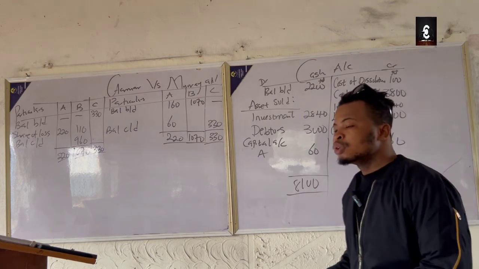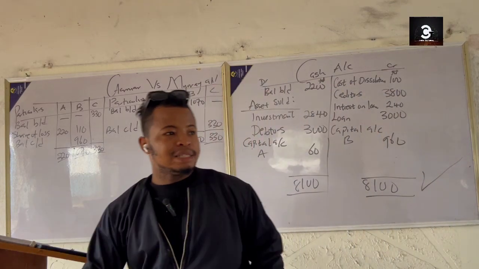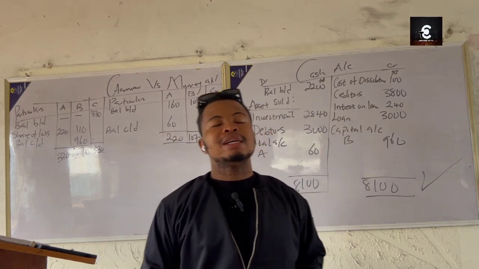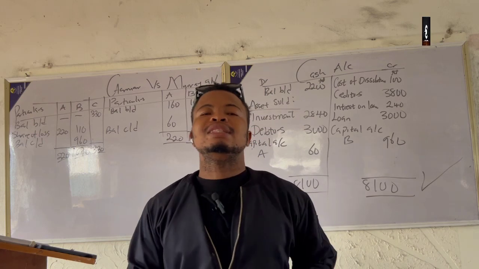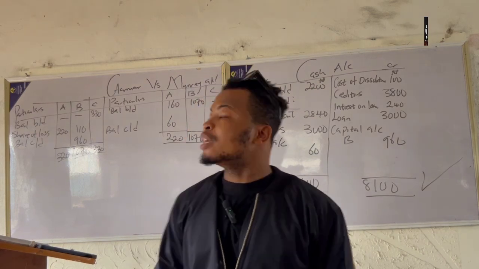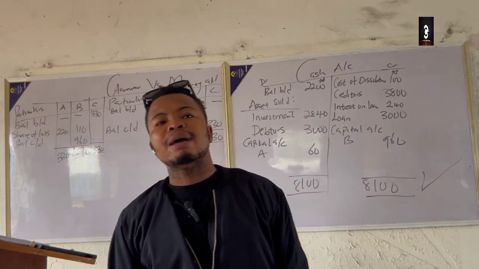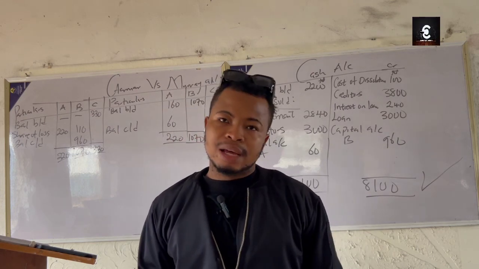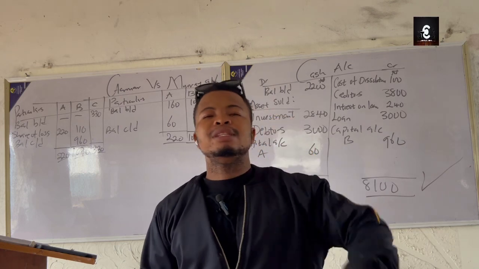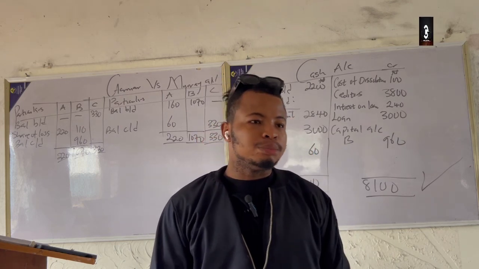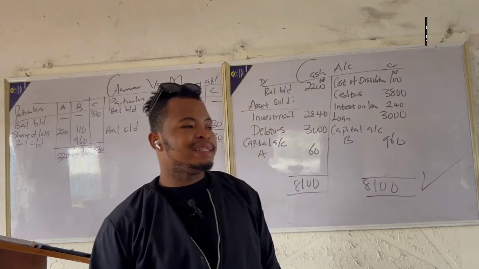Remember, first thing, go to the question and know what the examiner is asking. Once you've got that, you know if there's a partner that is insolvent. If a partner is insolvent, you have Garner versus Murray to share the liability among the partners that are available. If there are 3 persons and 1 is off, most times they share this liability using capital contribution. You will still get the same answer.